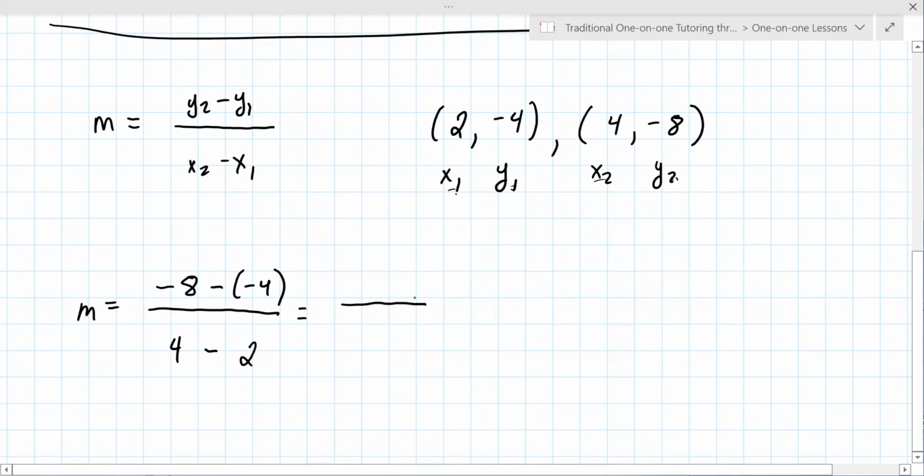I want you to simplify the numerator and the denominator. -8 minus -4 is -4, because it's -8 plus 4, which becomes -4. What does the denominator become?